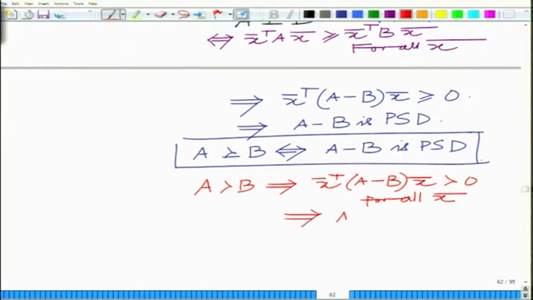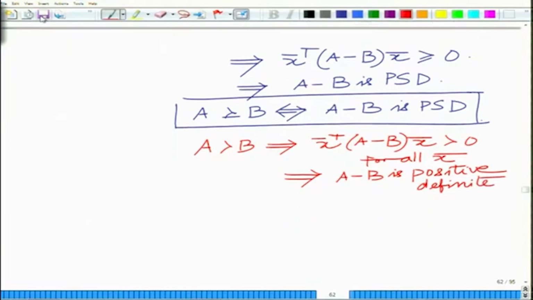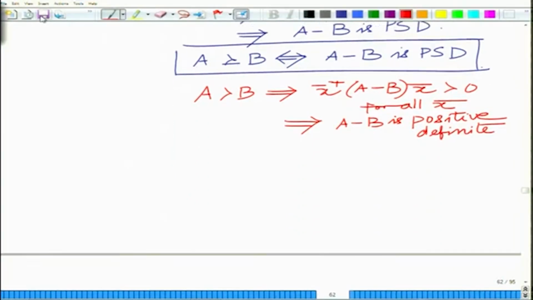This implies A minus B is positive definite.